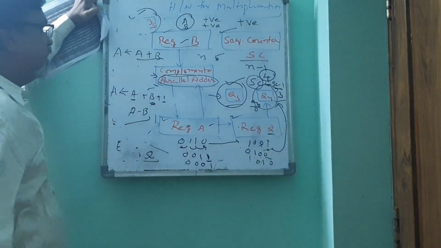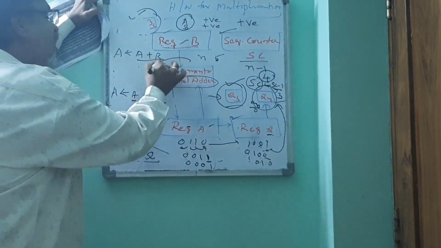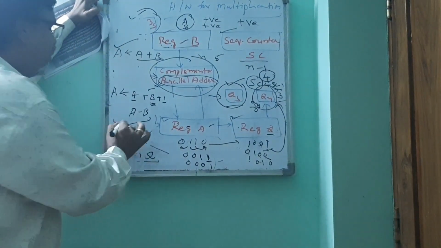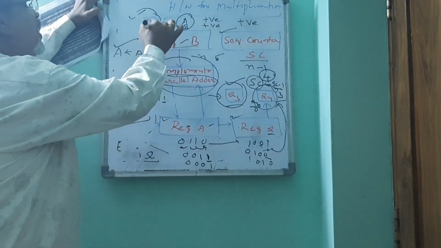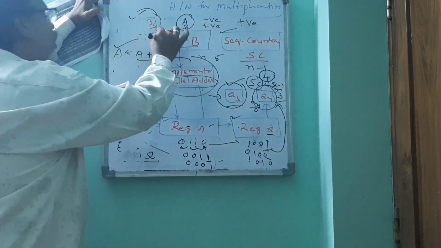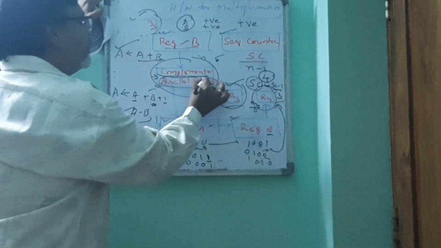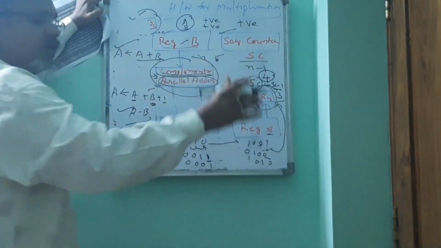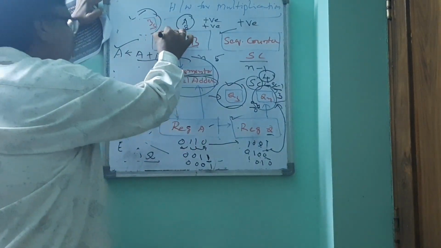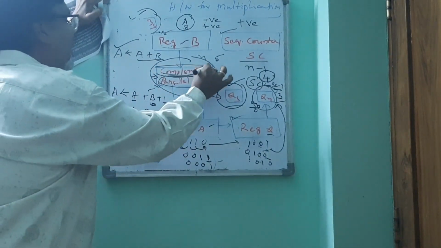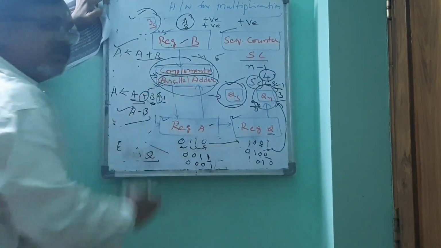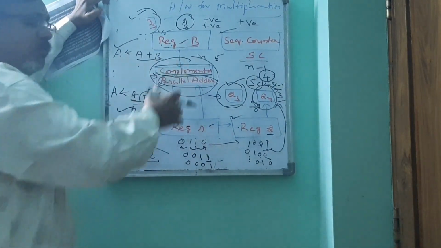This is nothing but A minus B. So whether this part performs A plus B or A minus B depends upon whether it is a negative value or a positive value. If it is a positive value, the complementer is not required and only the adder takes care of the operation. If it is a negative value, then the complementer is required, it complements and then the addition is done.